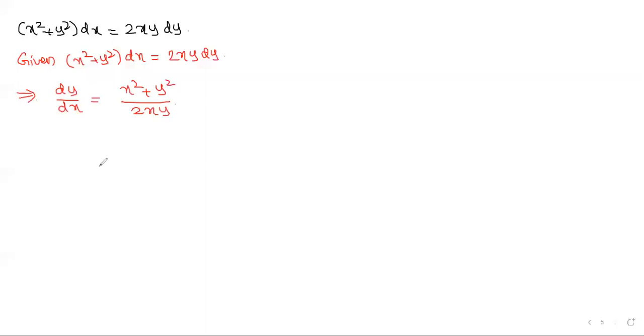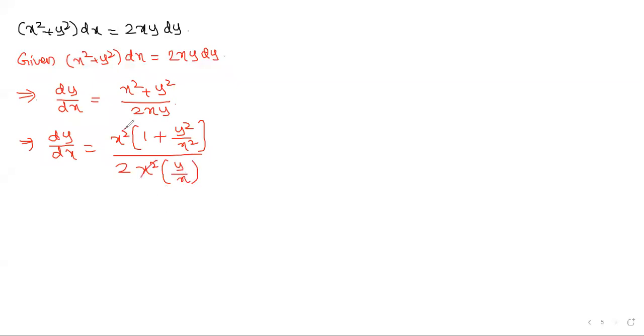Is it okay? And dy by dx is equal to, if you take in the numerator x square common, then it is 1 plus y square by x square. In the denominator also I am writing 2x square into y by x. So this x square is cancelled. Then dy by dx is equal to, we can write as (1 plus (y by x) whole square) by (2 into y by x).